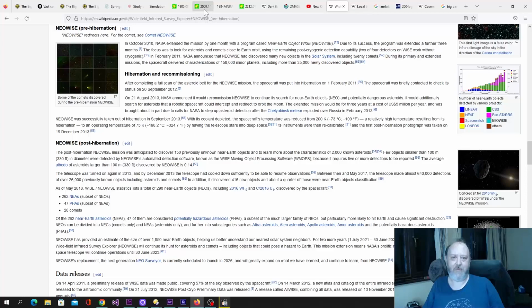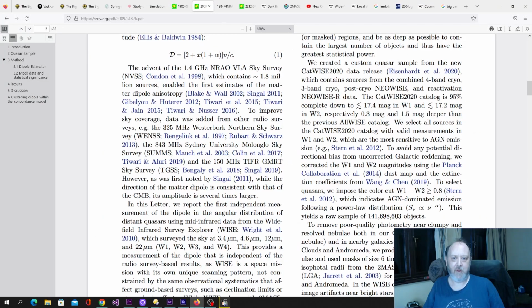So it's referring to the different periods within the WISE mission itself. The CatWISE 2020 catalog is 95% complete down to 17.4 mag. So it's talking about how big the catalog has become from the missions.